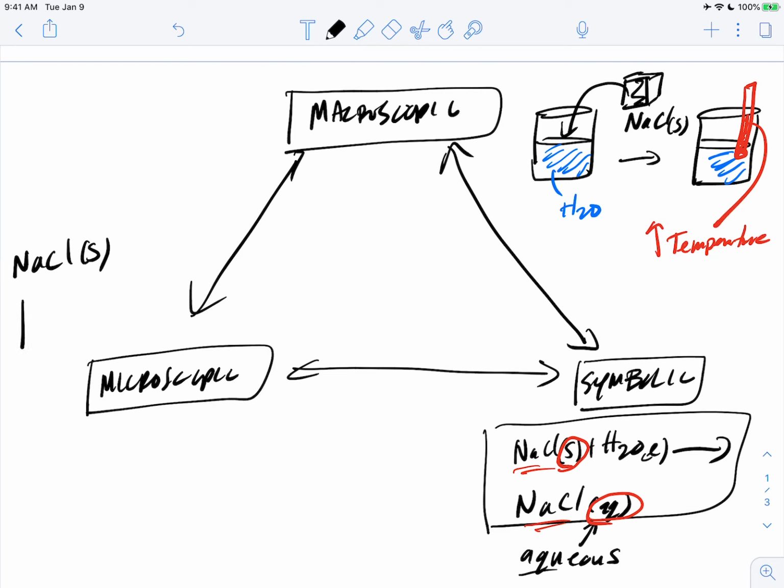Well, it looks like a big cube. And if we were to zoom in, we could see that we have Na plus surrounded by Cl minus, and that these go around in a matrix of alternating positive and negative ions, and it goes on forever.